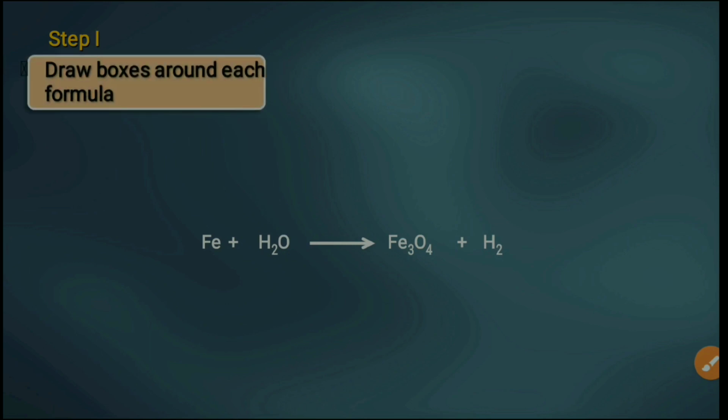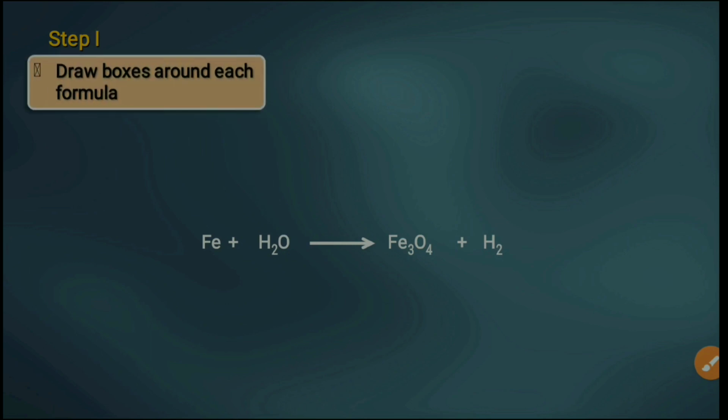Step 1. We will take another example. Here we have reacted iron with water to form ferric oxide, Fe3O4, and release hydrogen.